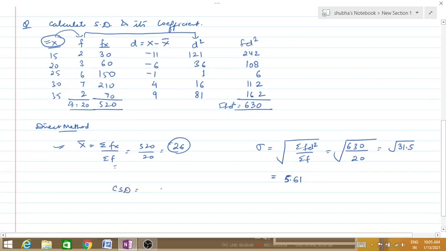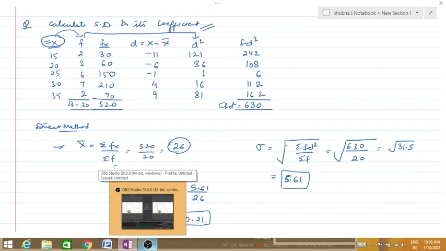Coefficient of standard deviation is equal to standard deviation divided by mean. So here standard deviation is 5.61 divided by mean, that means 26. When we divide 5.61 by 26, we get 0.21. So hence standard deviation is 5.61 and CSD is 0.21. I hope it is clear. CSD means coefficient of standard deviation. This is by using the direct method, right?